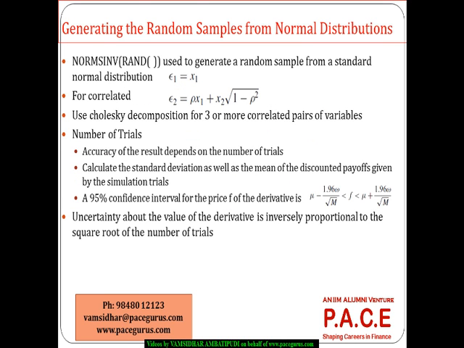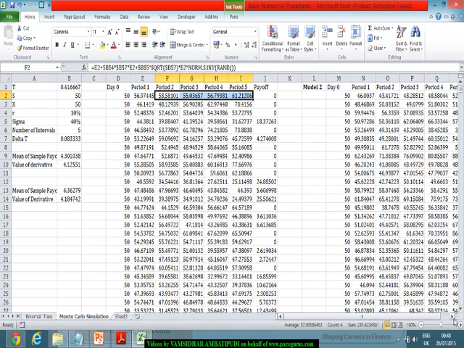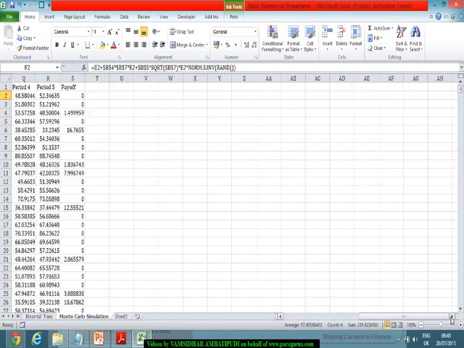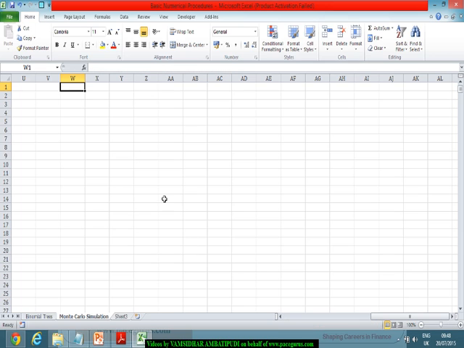And just to work out how we use it in Excel, we have already talked about the usage of NORM.S.INV(RAND()) for getting a random sample from a normal distribution. But what if I want it for two correlated distributions, correlated samples?